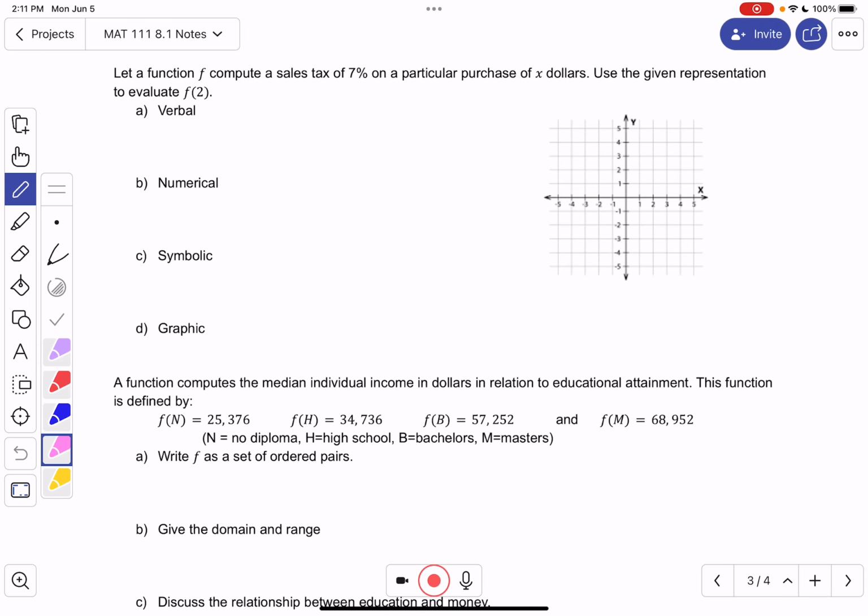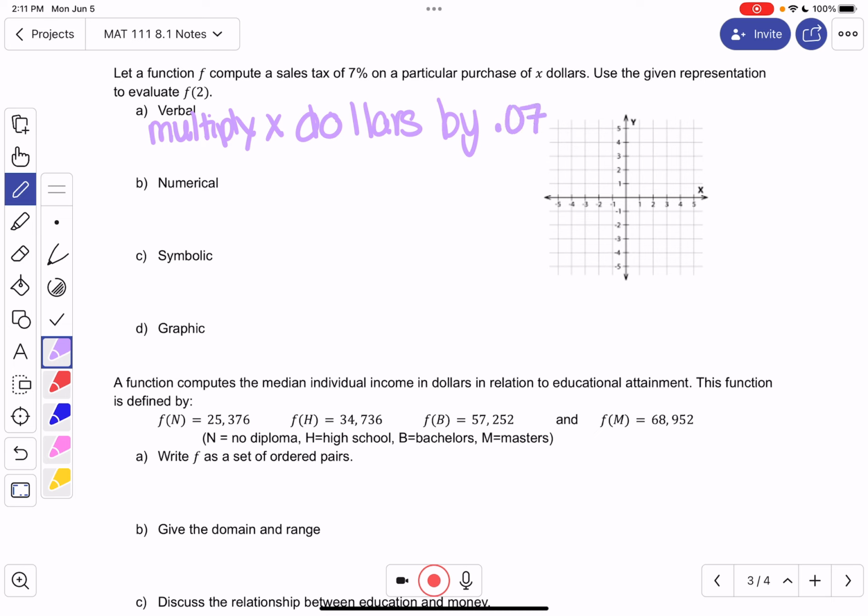So let a function f compute the sales tax of 7% on a particular purchase of x dollars. Use the given representations to evaluate f of 2. So verbally, we're saying multiply x dollars by 7%, or 0.07, to get the tax.